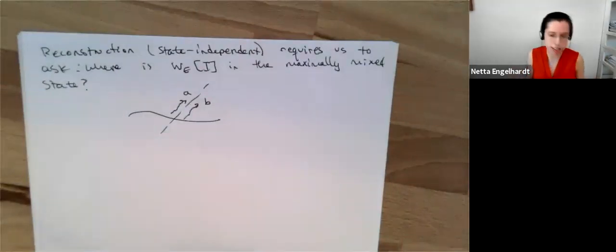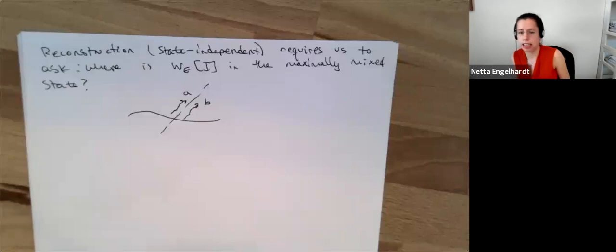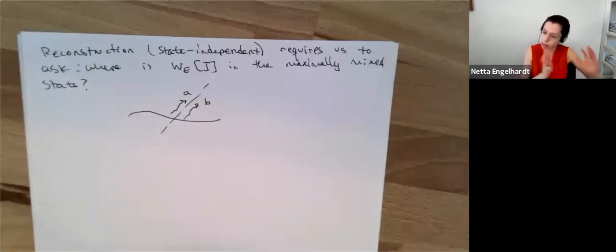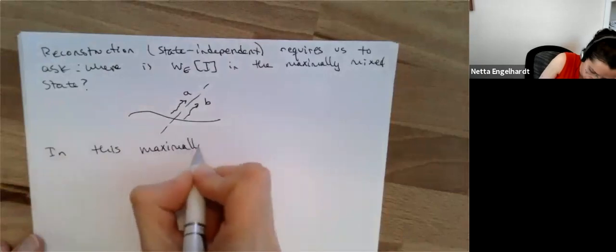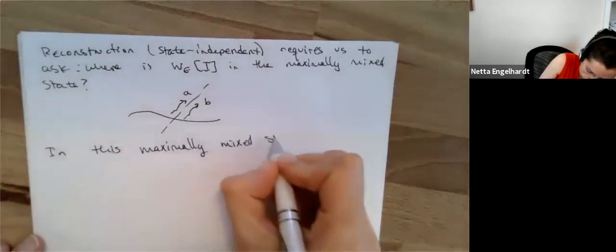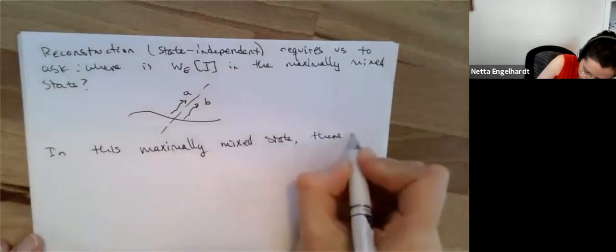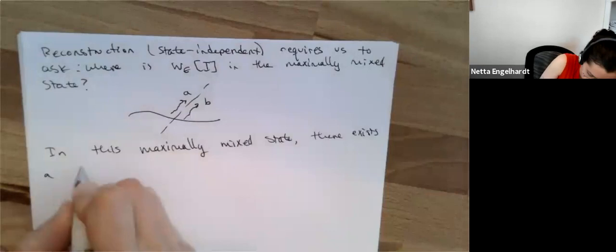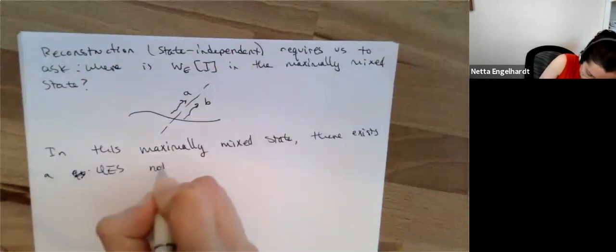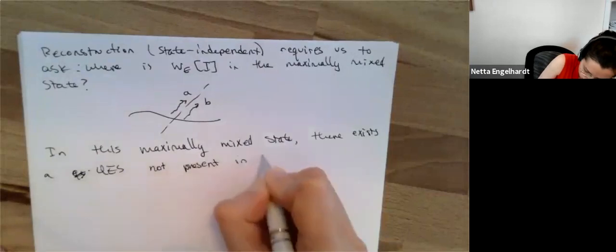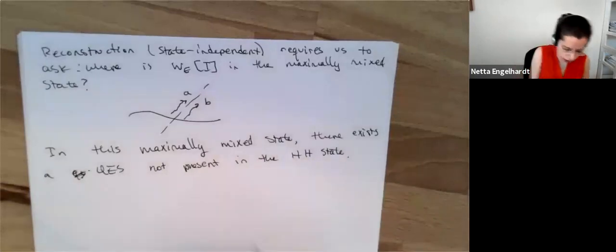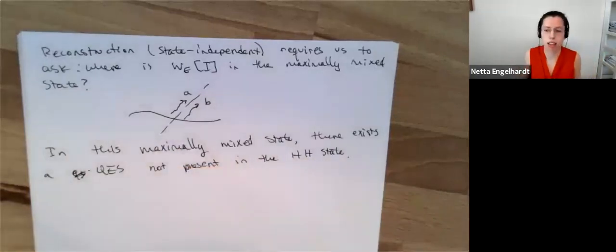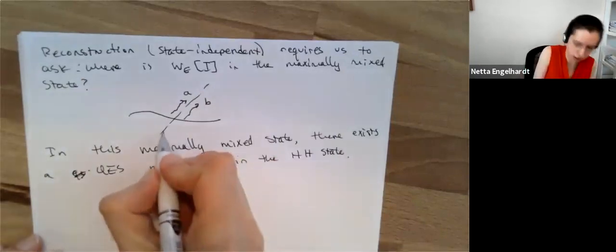And as it turns out, in this maximally mixed state, what you find is that there exists a quantum extremal surface not present in the Hartle-Hawking state. And up to sub-leading order in G Newton, it sits right on the event horizon.